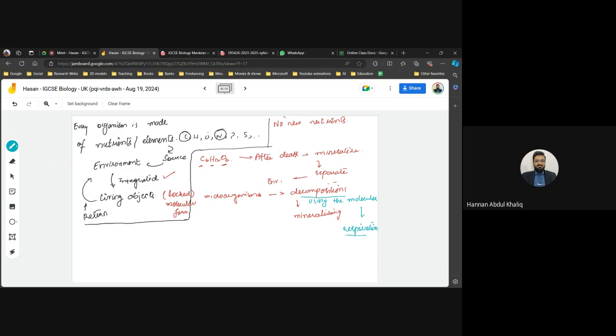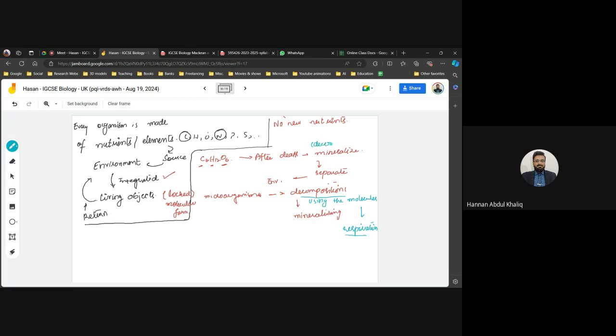So in reality, decomposition is just a word that we gave to this procedure because it is benefiting us. Fungi and bacteria are cleaning the earth, so we say that they decompose the molecules.